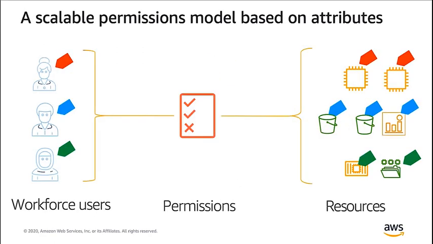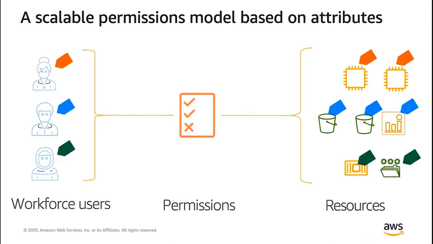In the attribute-based access control model, you have attributes on your identities and attributes on your resources. Then the permissions just ensure those match. Attributes are handled in AWS using tags.